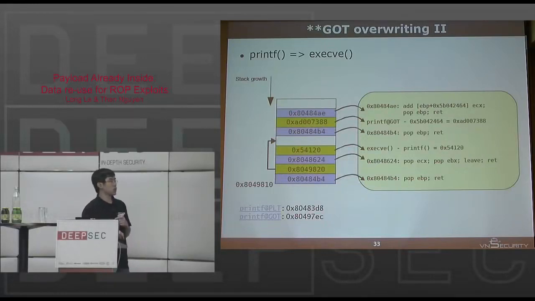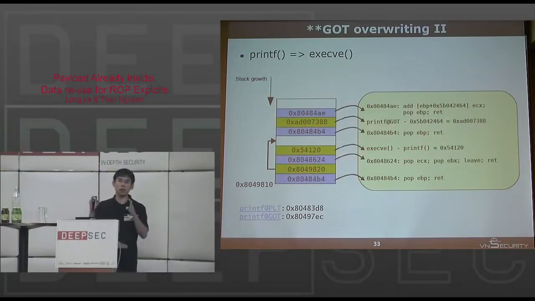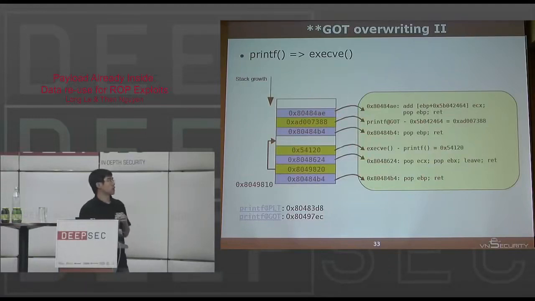So it will load this value into the EBP. The next one is pop ECX, pop EBX, or something like that. And you see this value is actually execve minus printf. This is the offset between execve and printf inside the libc itself, because we know the offset will always be constant, right?